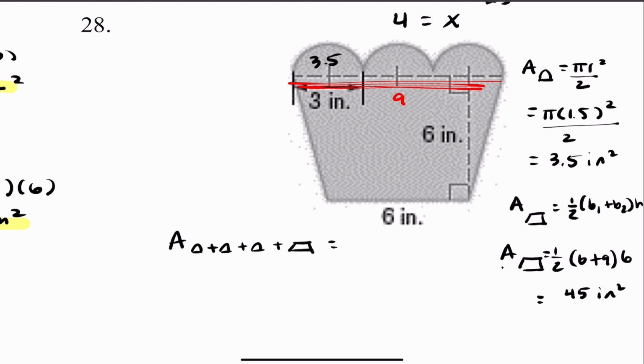So it's 3.5 plus 3.5 plus 3.5 plus 45. And instead of writing 3.5 3 times, you can just say 3 times 3.5 and then slap on that plus 45 there. And then you get 55.5 square inches. That's the area of this whole figure.